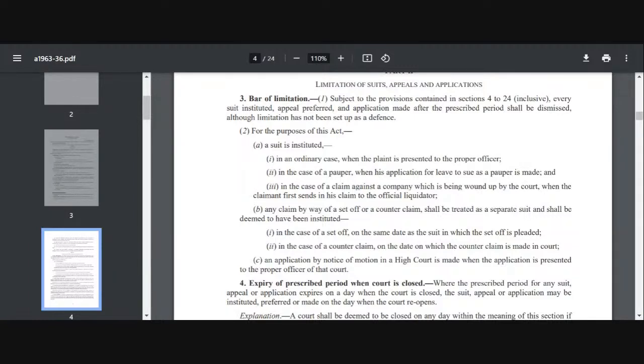Very good, Prachi. Right, Order 8. Order 8 talks about written statement, set off, and counterclaim.